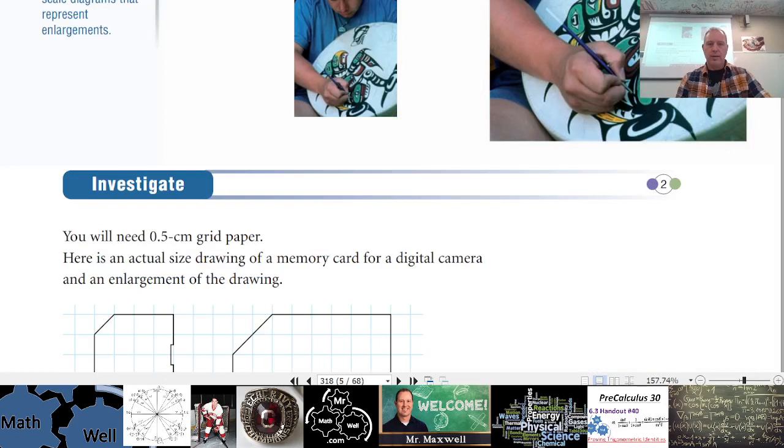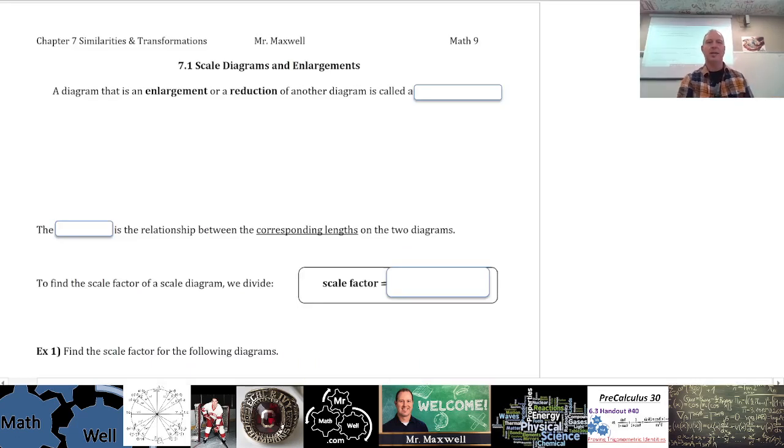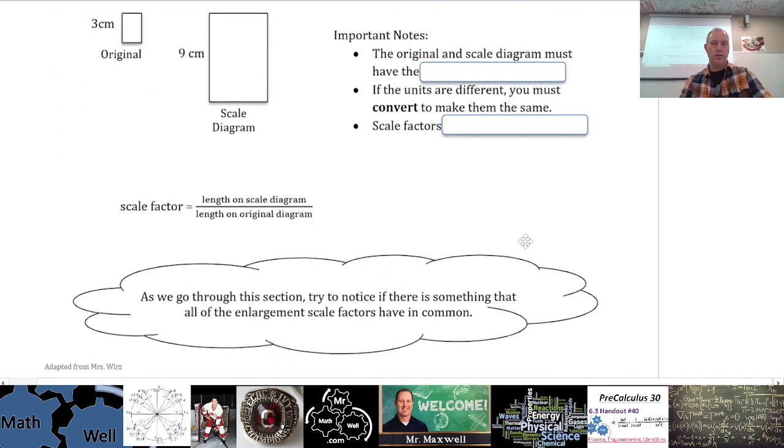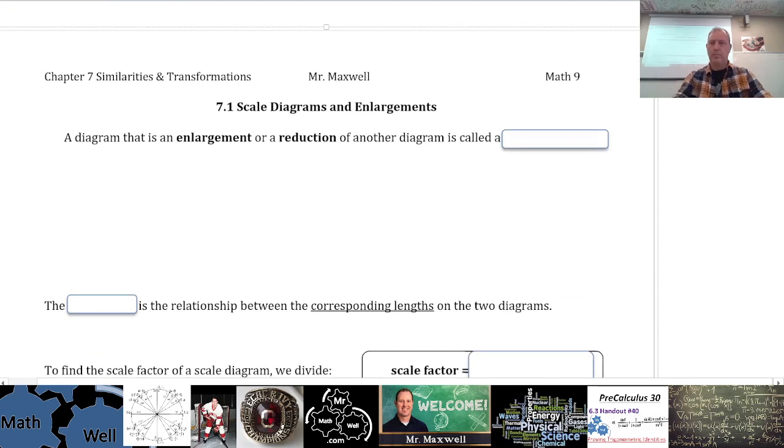All right, back to our notes here. A diagram that is an enlargement, which we just talked about, or a reduction of another diagram is called, in this space you want to put, a scale diagram. Let me enlarge that so you can see it, but you should be able to fit it in your space. Let me get my shape shifter here. Let's make a triangle.